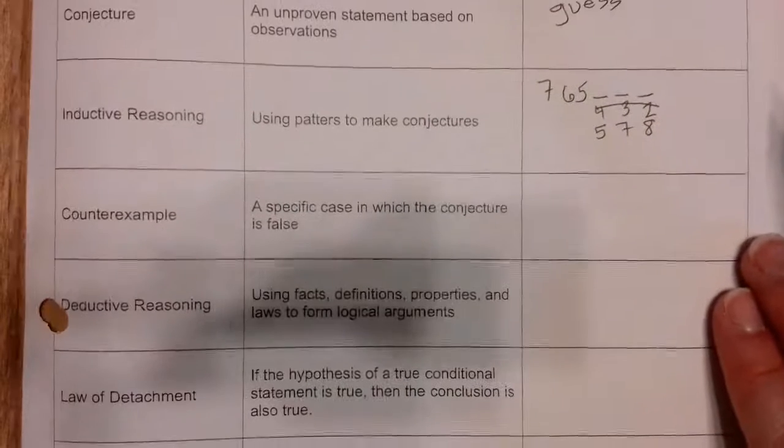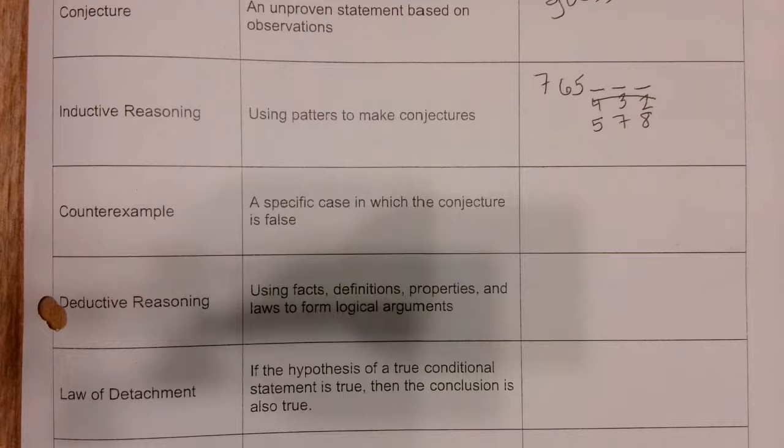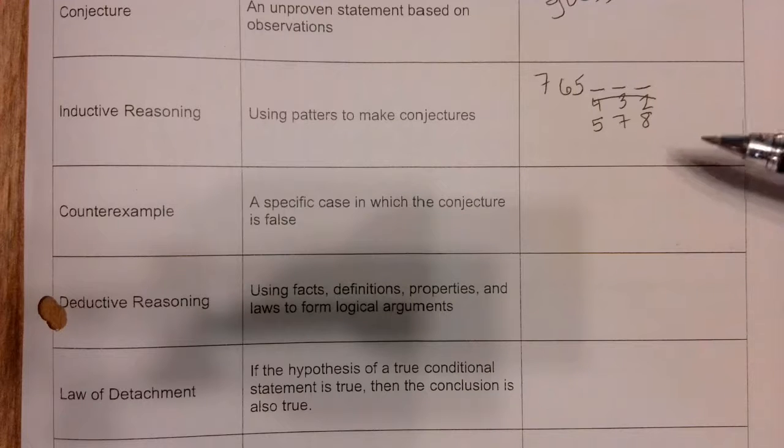A counterexample is something that proves your guess is actually wrong. So an example: everyone in this class is a male. That's a guess. It could happen. A counterexample, we would need to find someone in this class who is not a male. So if I say everyone in the class is male, you need to find an example in the class that is not a male.